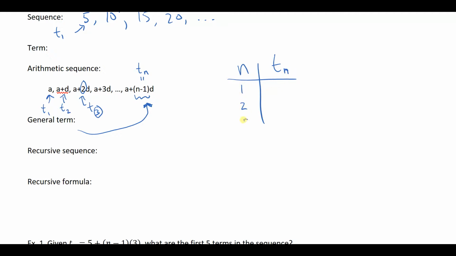I can pick 1, 2, 3, and then for my terms, if we use the t-shirt example, I'd have 5, 10, 15, etc. Or just in general, my first term would be a. I add d to that and I get a plus d. I keep adding, a plus 2d, and it continues on.